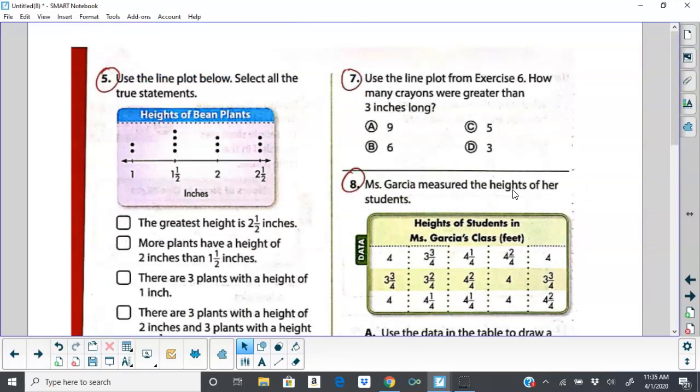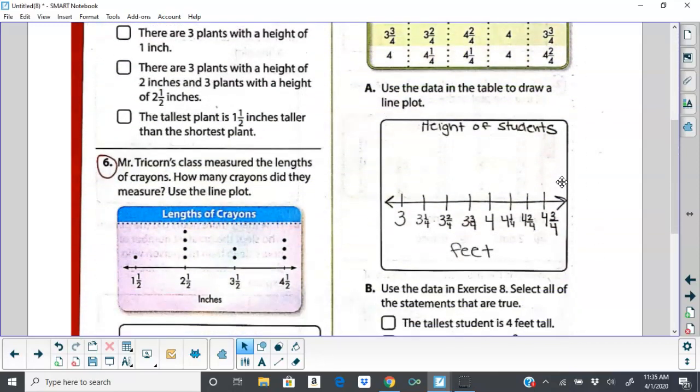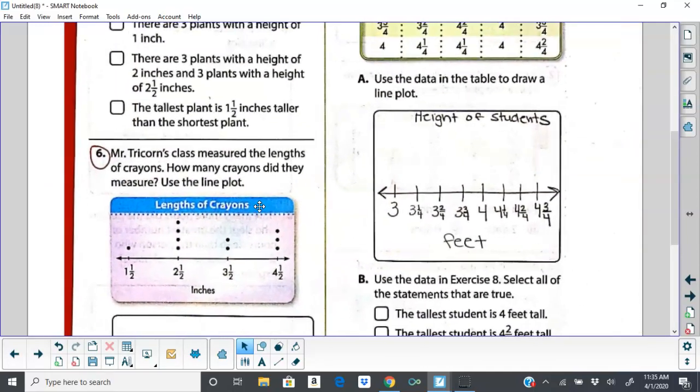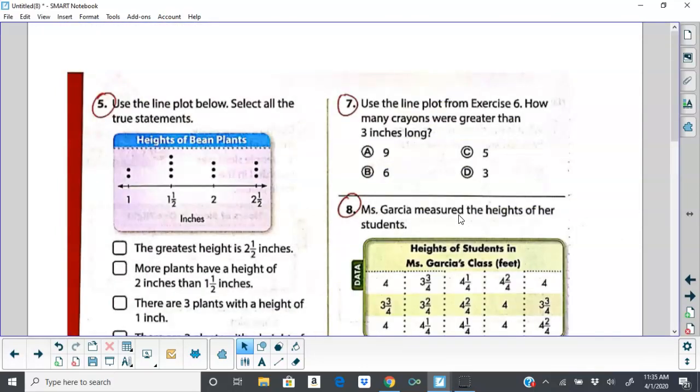Use the line plot from exercise 6. How many crayons were greater than 3 inches long? So you're going back to the line plot for number 6 to answer number 7. How many crayons were greater than 3 inches long?